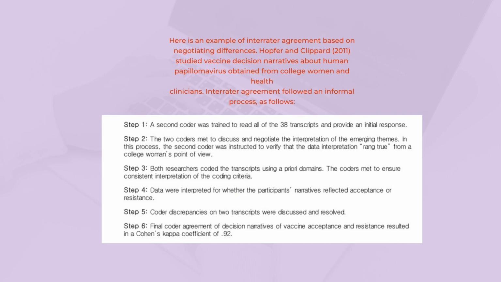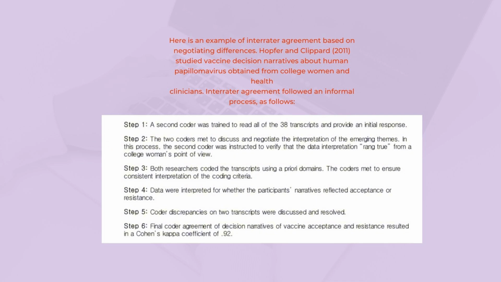Step 3. Both researchers coded the transcripts using a priori domains. The coders met to ensure consistent interpretation of the coding criteria. Step 4. Data were interpreted for whether the participants' narratives reflected acceptance or resistance.